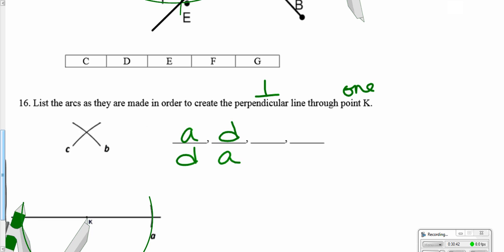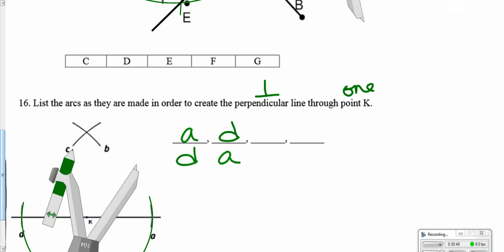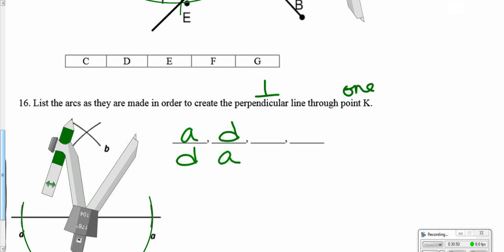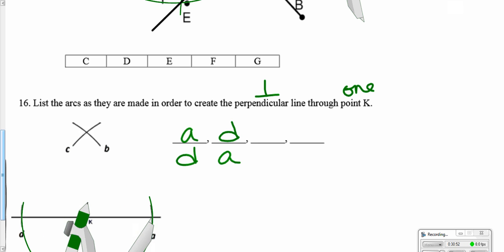We finish ours all the way around. There's point D. Then I bring my compass to point A. Make my arc. So we know that C and B would then come afterwards. Does not matter the order you write them in. And we draw our line down.